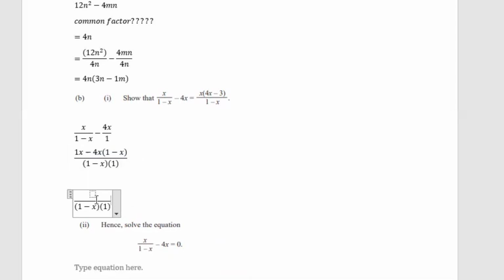So therefore we have 1x minus 4x plus 1 will leave us with a minus 4x, and then 4x multiplied by a minus 4x will leave us with a positive. So remember, a negative times a negative will give us a positive 4x squared.